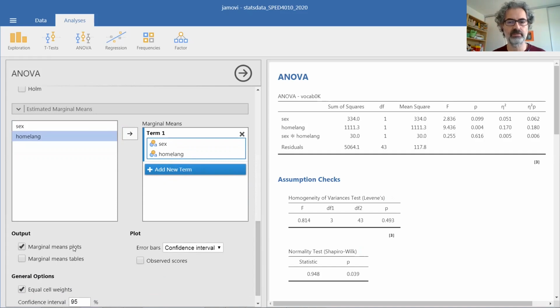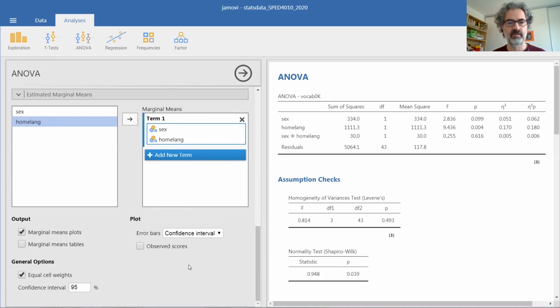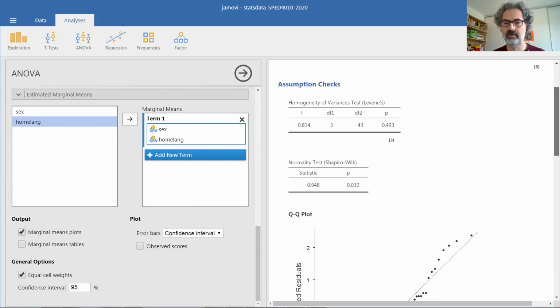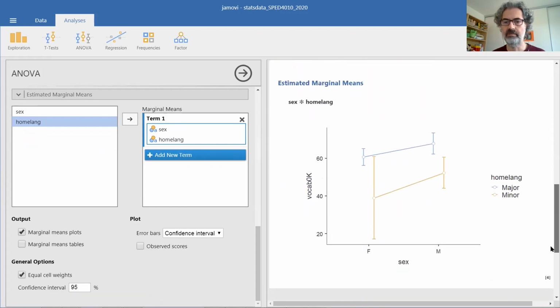Marginal means plots is what we're asking for. It was already checked. So all I had to do was to send these two variable names into the specification of the first graph. And I can look at the graph right here. So in this graph, we have sex on this axis and two different lines for majority and minority children.